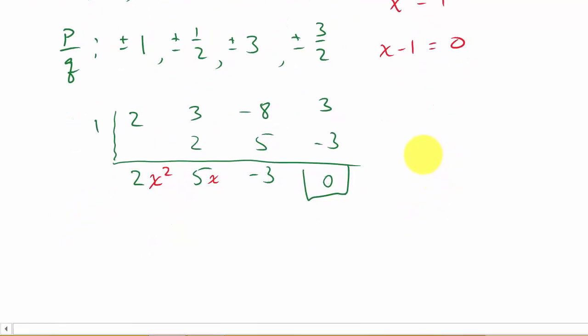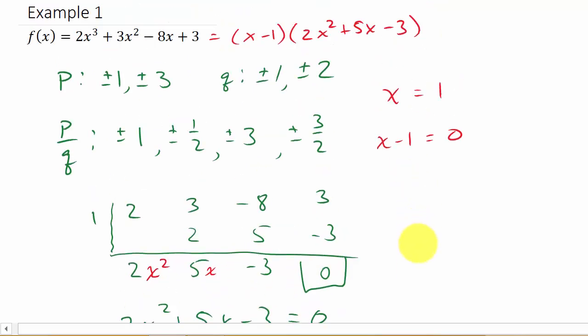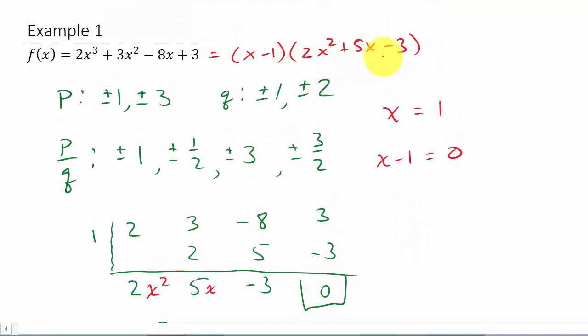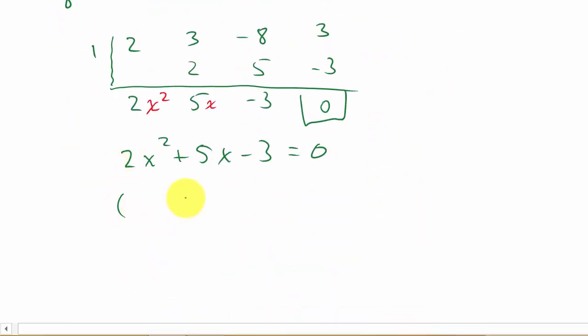Now what we need to do is take the 2x squared plus 5x minus 3 and set that equal to 0 and solve it. Okay, so this will factor.